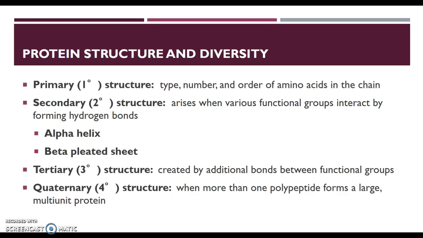Finally, we have quaternary structure, and this structure does not occur in all proteins. When we're talking about quaternary structure, we're talking about more than one polypeptide folding together to form a larger multi-protein subunit.